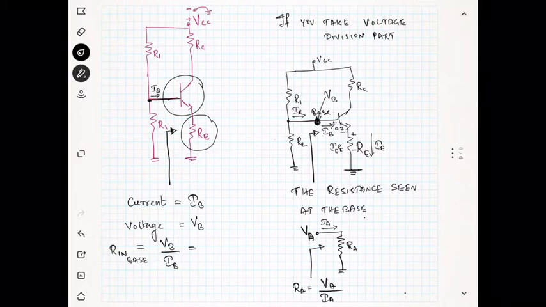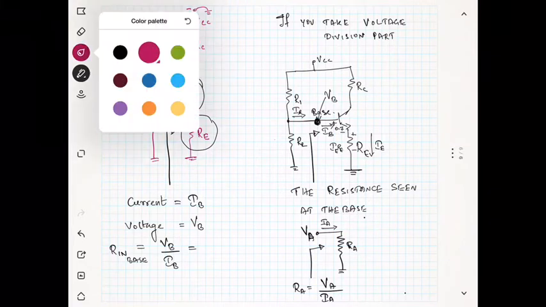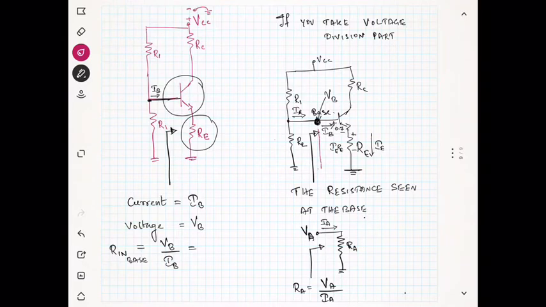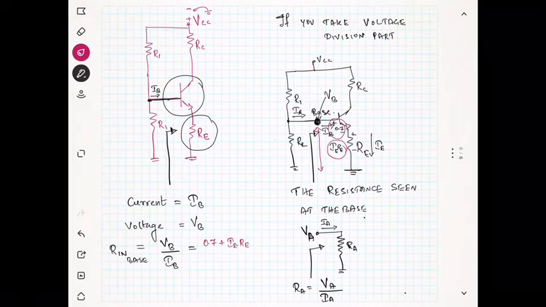So the total voltage that you can see at this end is nothing but your 0.7 is here and also some voltage here at IE RE, right? So it is nothing but 0.7 plus IE RE, right? And you know that this is IB, right? IB.